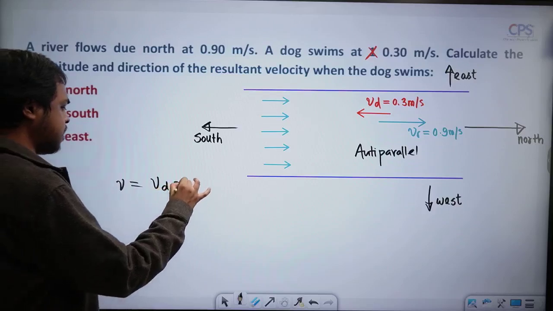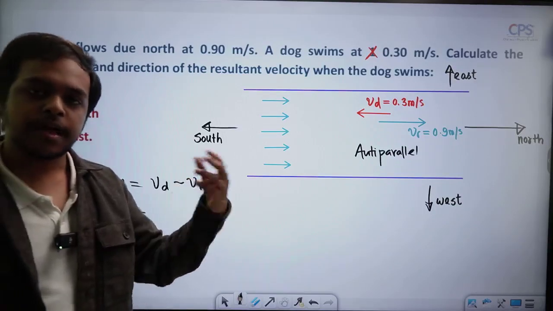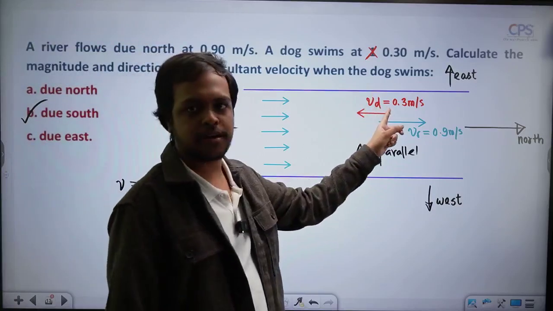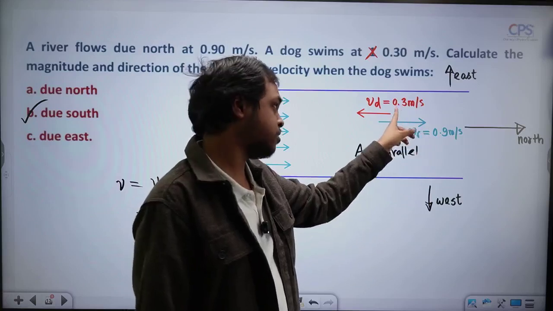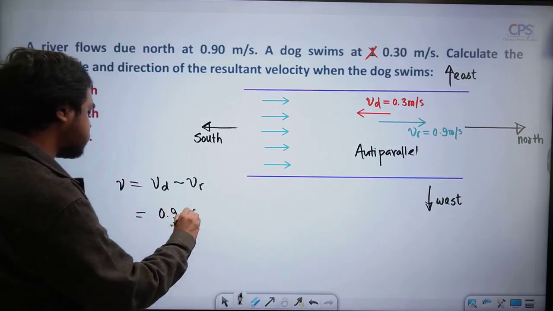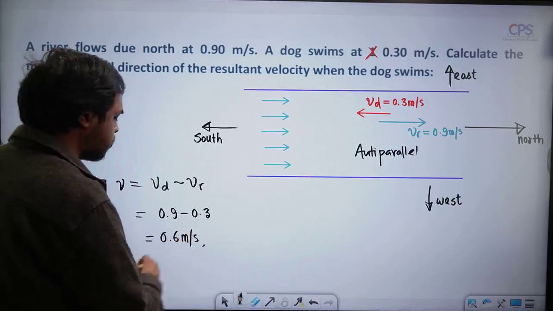VD difference VR. What does difference mean? Subtract the smaller one from the bigger one. Which is smaller? The dog's velocity is smaller. So subtracting 0.3 from 0.9, 0.9 minus 0.3, is 0.6 meter per second. And which direction?